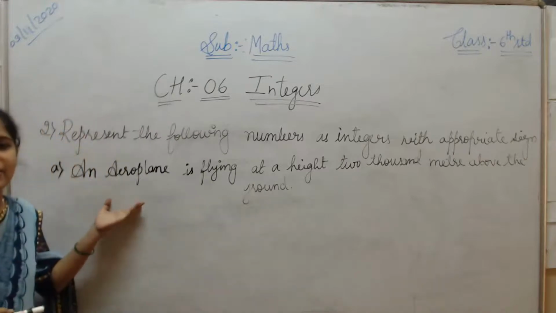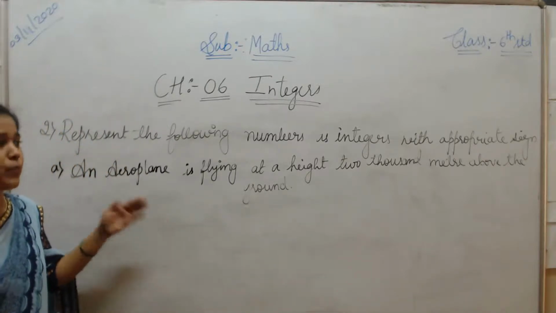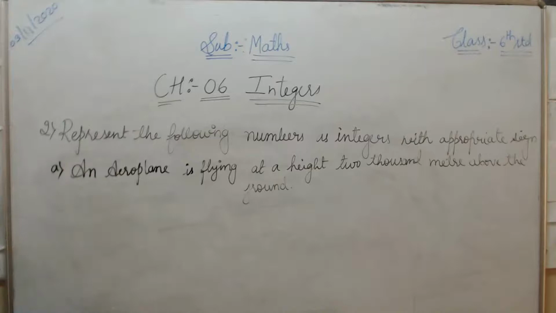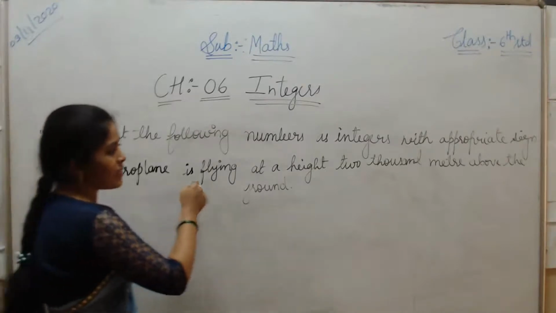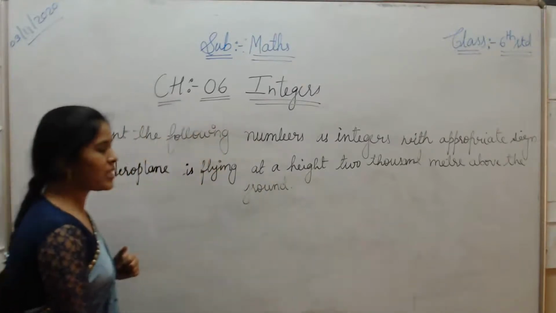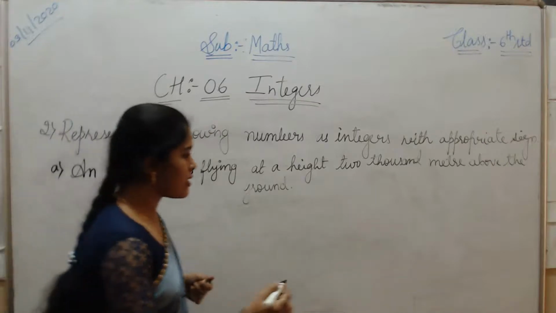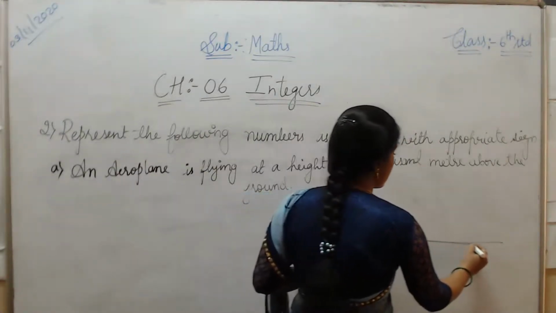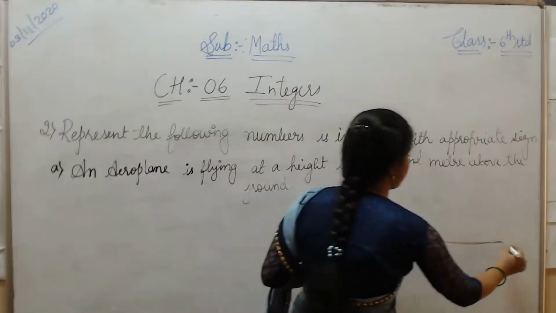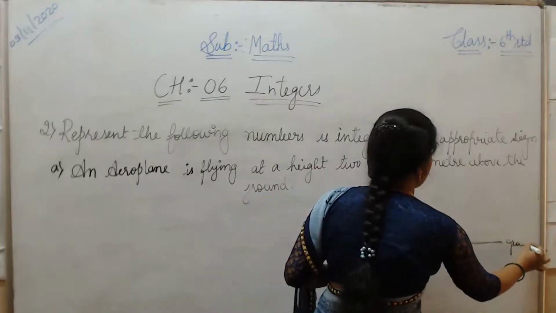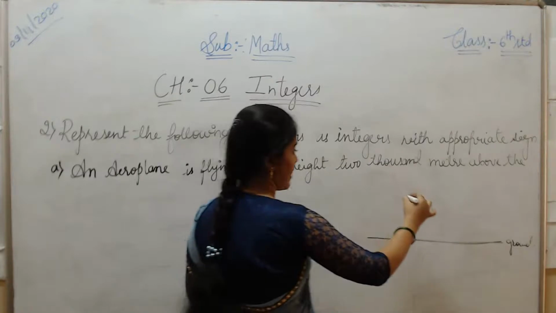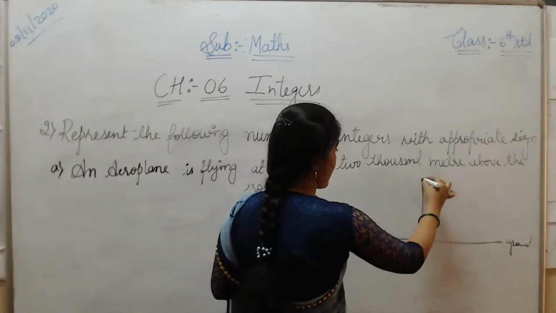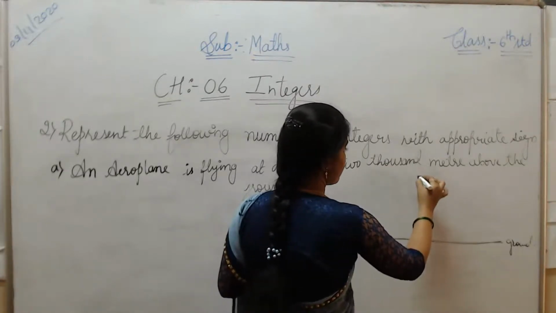We have to convert this statement to a number with appropriate sign. An aeroplane is flying at a height 2000 meter above the ground. See here, this is the ground level. This is the height of the aeroplane.